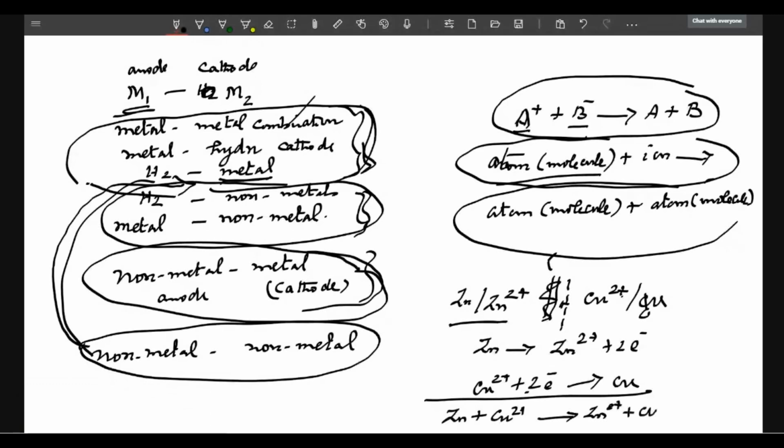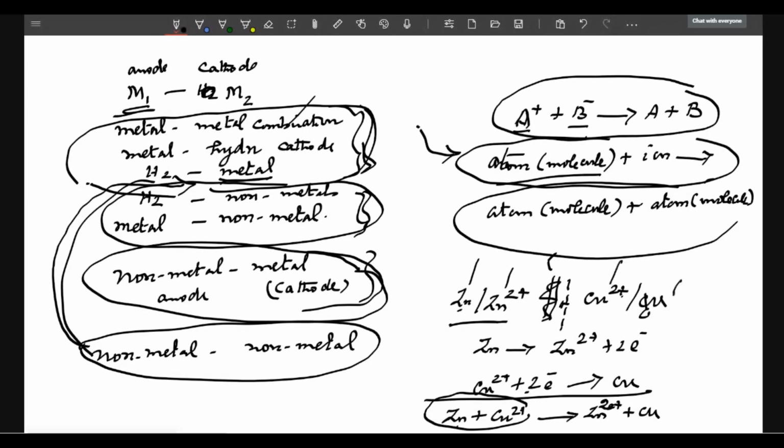Find out what this is. One is in the atomic, neutral state, and another is the ion. Therefore, the metal combination would give this type of net reaction. Looking into this combination, you can immediately say this is the reactant, this is the product.